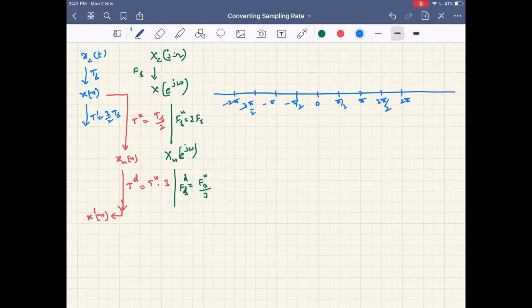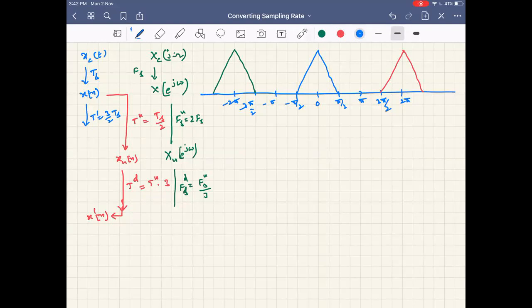The spectrum looks like this. This is the first term, the second term is around 2 pi, and the third term is around minus 2 pi.